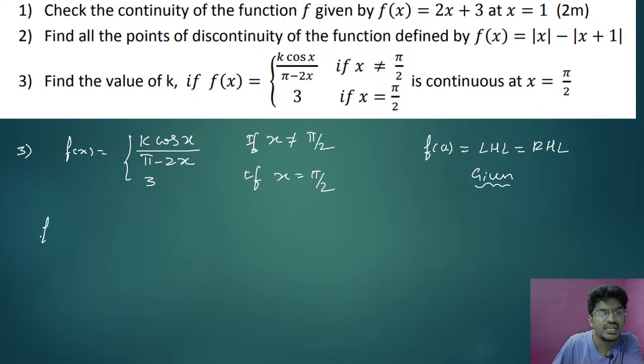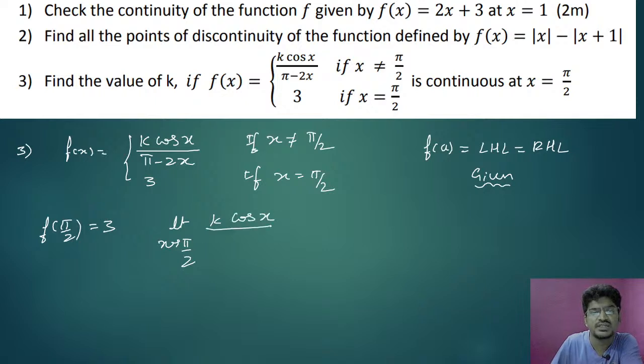This is already given because it is continuous at x equal to pi by 2. So now you can write f of pi by 2. At x equal to pi by 2, it is 3. So f of pi by 2 is 3. Clear? So therefore, now limit x tending to pi by 2, we have to simplify k into cos x divided by pi minus 2x. To simplify this, I can take 2 as a common term. So limit x tending to pi by 2, take k as it is, take 2 common from this, so it will be k by 2.